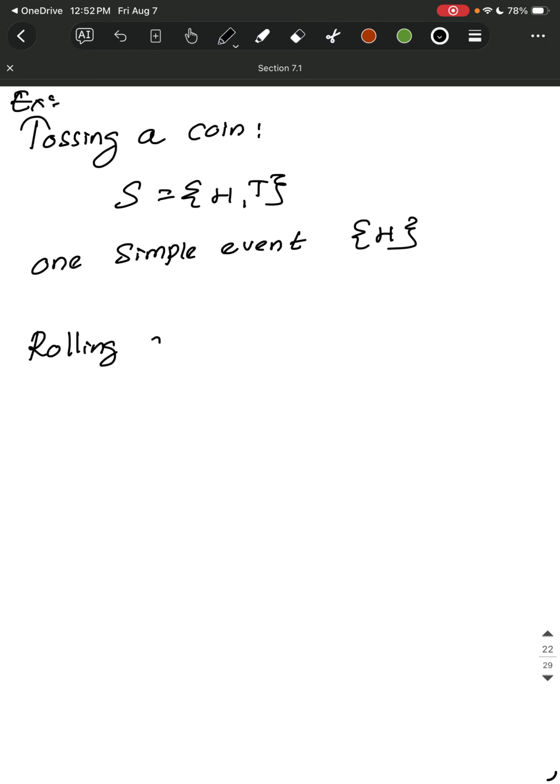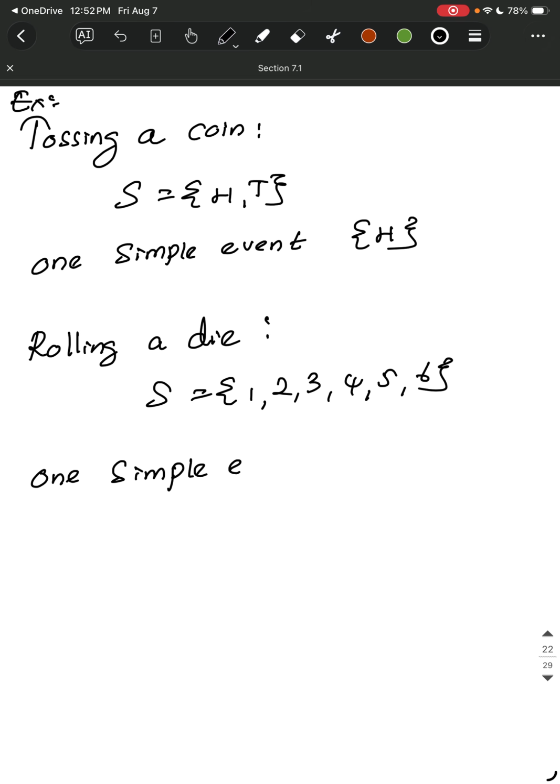Sample space: 1, 2, 3, 4, 5, 6. One simple event could be any, but I choose 3. Right? Okay.